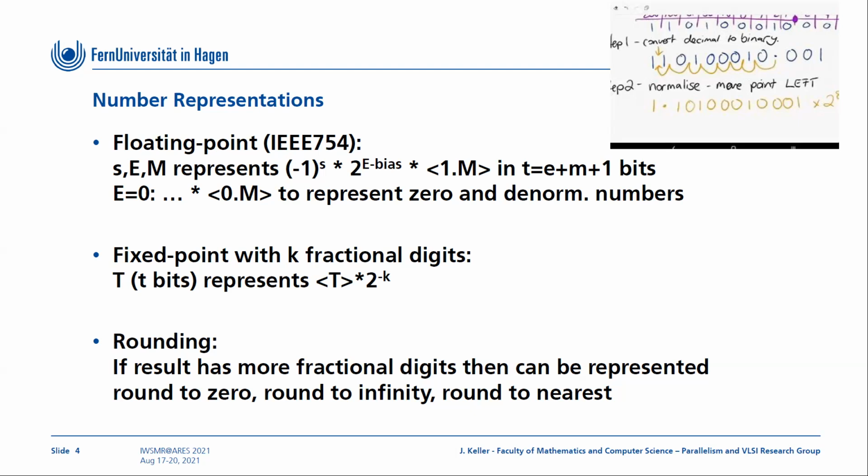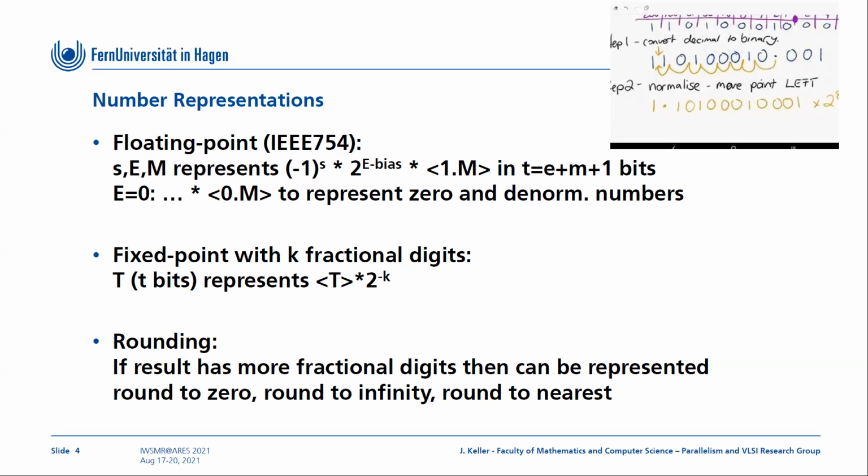So we see that fixed point representations can work mainly as integers are done. The only thing is if we multiply two fixed point representations, then we need to do a k-bit shift afterwards to eliminate one of the two factors 2 to the minus k.